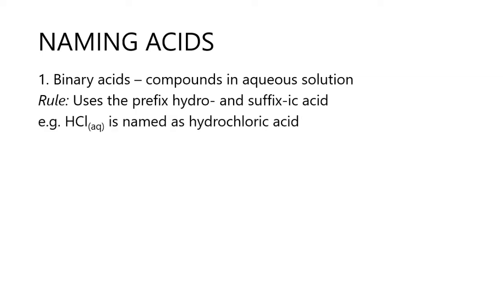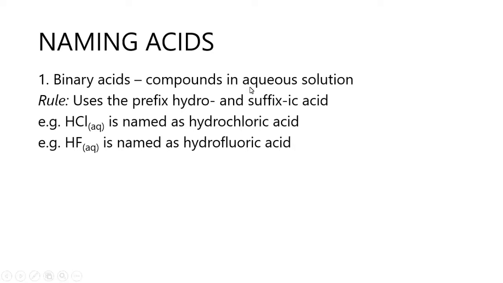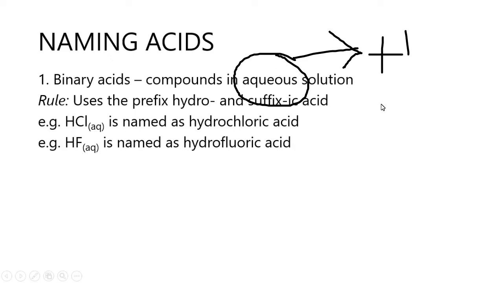Example, HCl(aq) is named as hydrochloric acid. HF(aq) is named as hydrofluoric acid. Okay? So kapag wala po yung symbol na aq, ang aq kasi ang ibig sabihin niyan aqueous, and aqueous means dissolved in water.